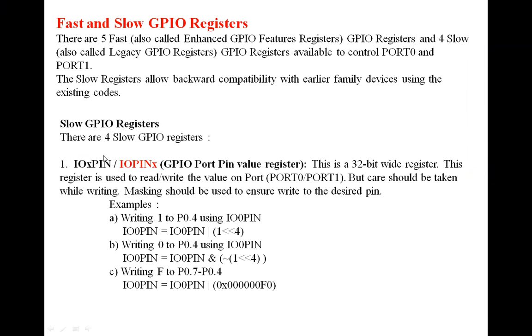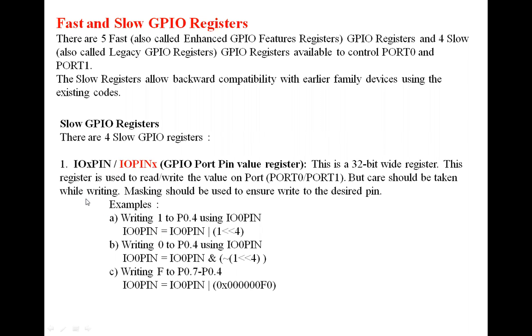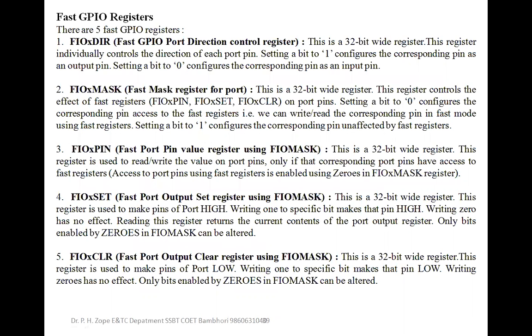In slow GPIO registers you learn the IO pin register, the IO set register, the IO clear register and the IO dir register. These registers come under slow GPIO registers. Now we are going to the fast GPIO registers.